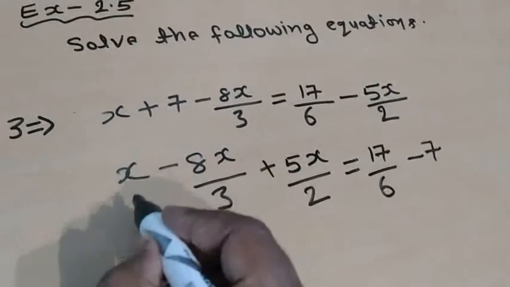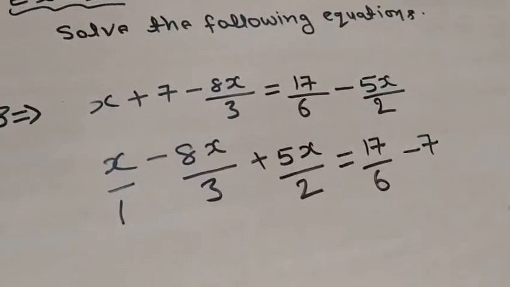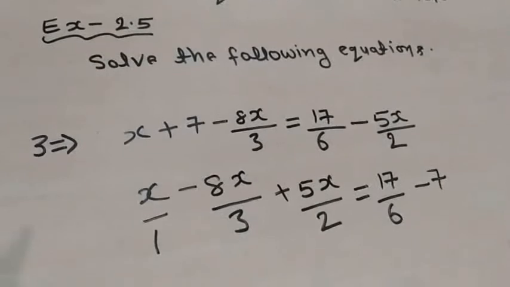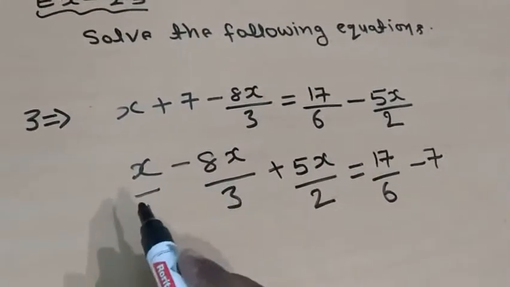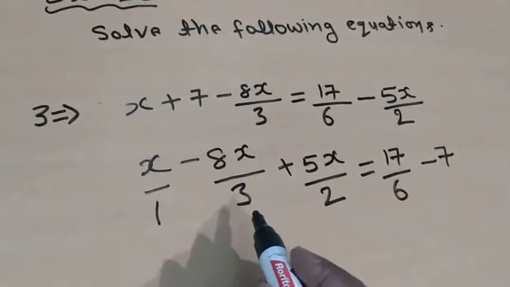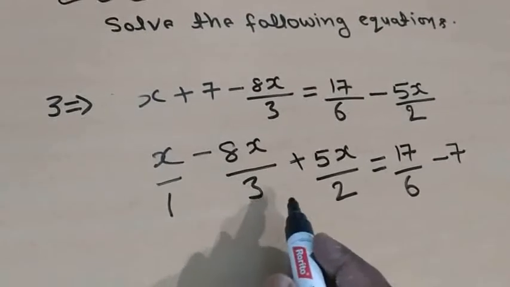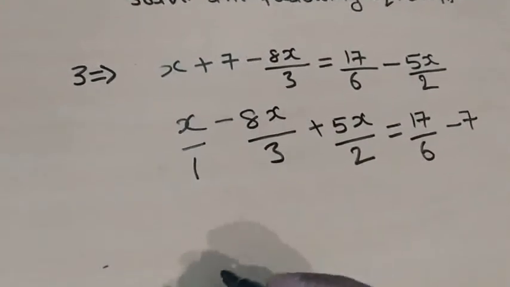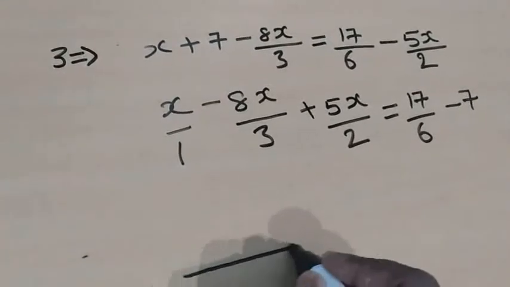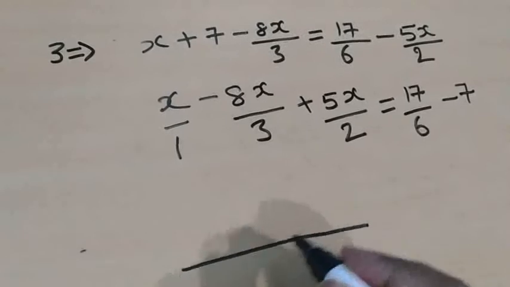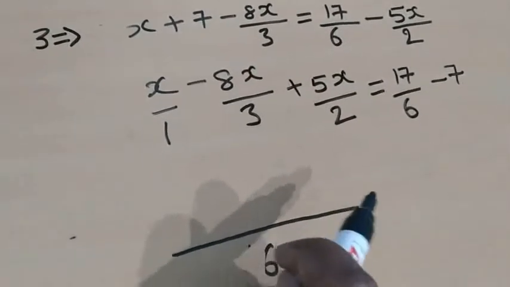You can write x by 1. So on the left hand side the denominators are 1, 3 and 2, so the LCM of 1, 2 and 3 is 6. Sorry, not 16, this is 6.